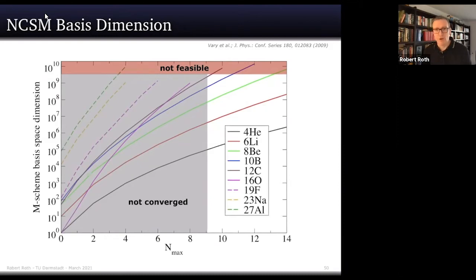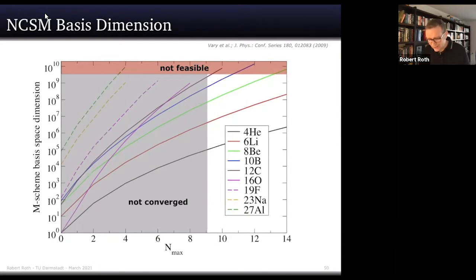So we can solve the eigenvalue problem in a very specific sense for up to a 10 to the 10 by 10 to the 10 matrix. It's not always possible. It depends on the properties of this matrix, and we'll come to that in a minute. But this red region up here is kind of the danger zone. There it starts to become so expensive in computing terms, and when I say expensive, I mean that even on the largest computers that exist, you cannot handle the problem anymore.